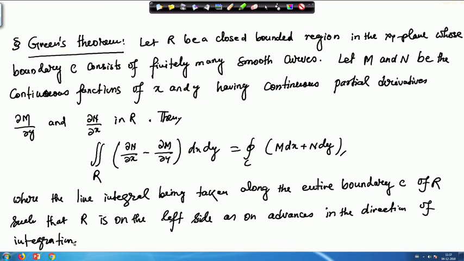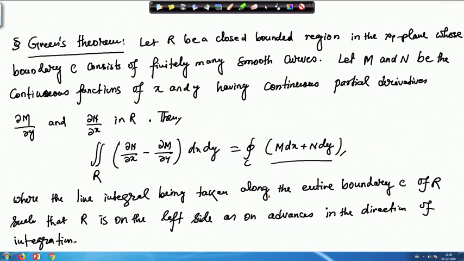So, basically R is a closed bounded region in the xy plane, and suppose we have two functions M and N which are continuous functions of x and y, which have continuous partial derivatives del M del y and del N del x in R. Then we can write the integral of del N del x minus del M del y dx dy equal to the line integral over the curve C of M dx plus N dy, where the line integral is taken in such a way that when you walk along this curve C, your region R will always be on the left hand side.